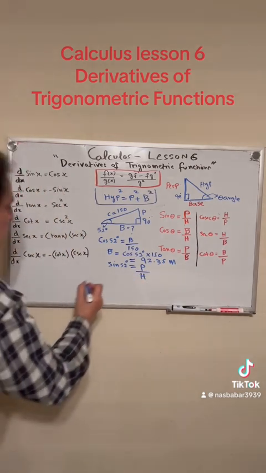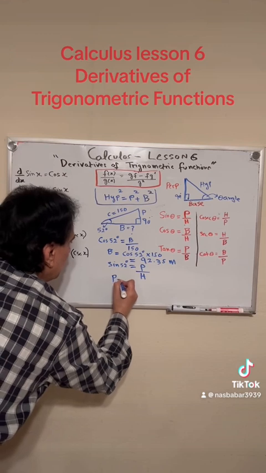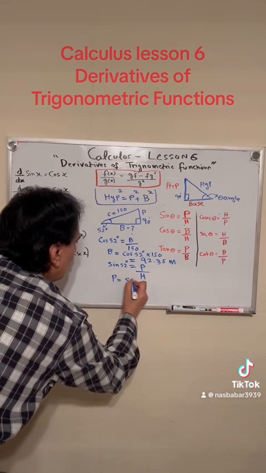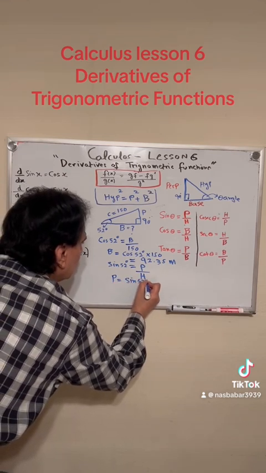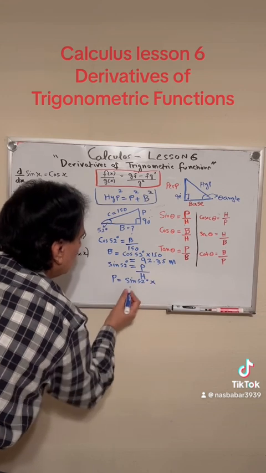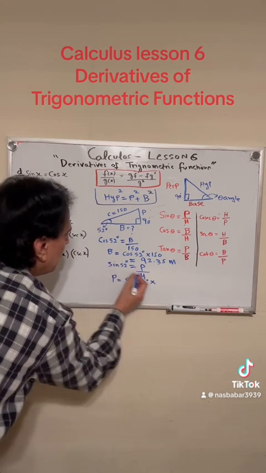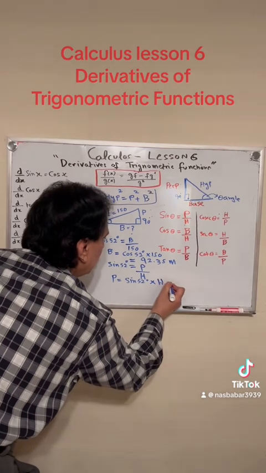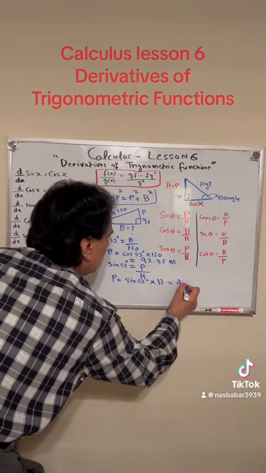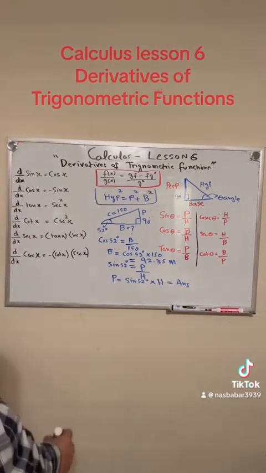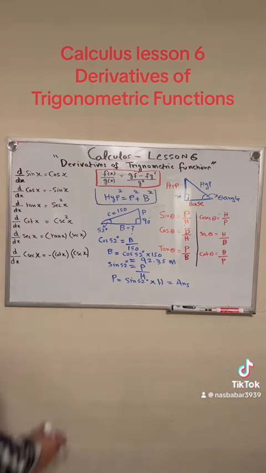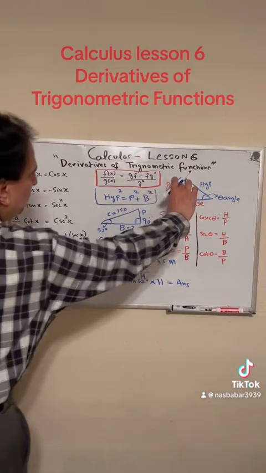Then perpendicular would be equal to sine of 52 degrees times the hypotenuse, and that will give you the answer. I'll let you solve it, but this is how you get the length of the perpendicular.